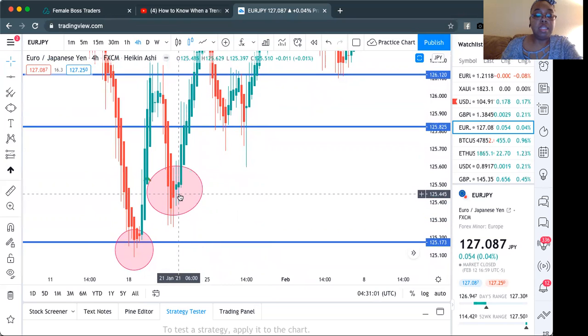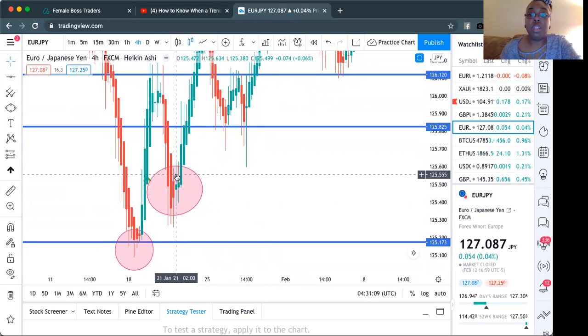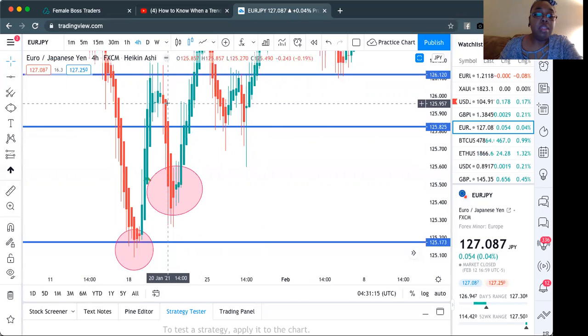So like consolidation. But this is how you would know when the trend is about to transition over to the next trend. You see how this was a downtrend. Someone could have caught a good amount of money, pips.